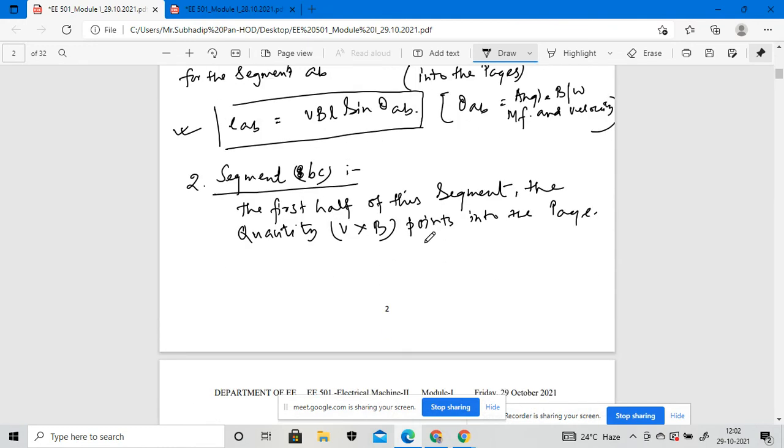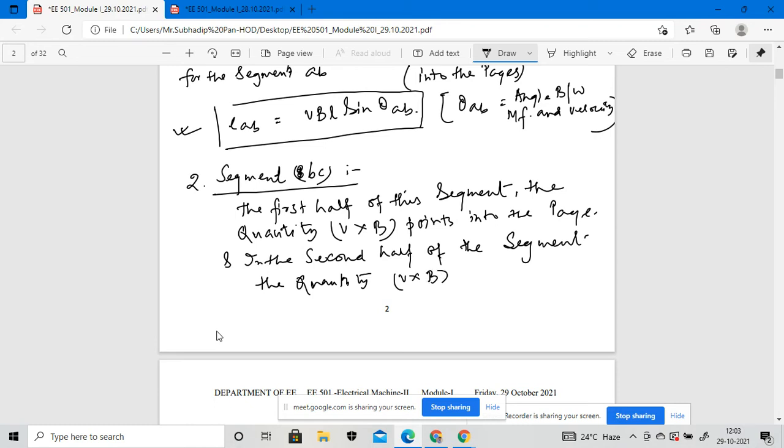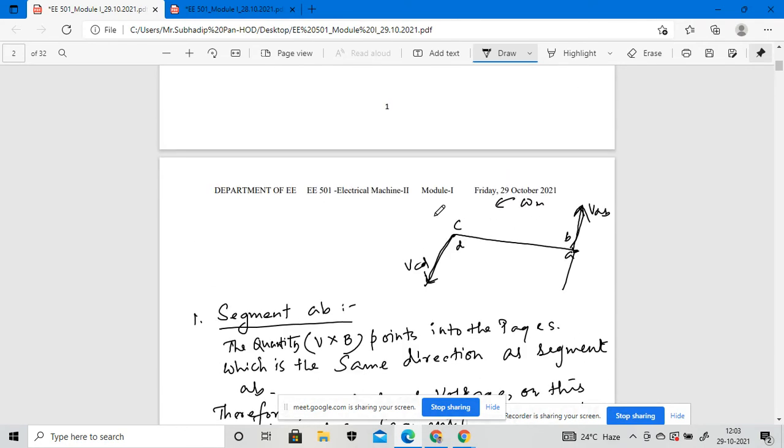In the first half of the segment, the quantity v into B points into the pages, and in the second half of the segment, the quantity v into B points out of the pages. So the second half cycle means this particular cycle.